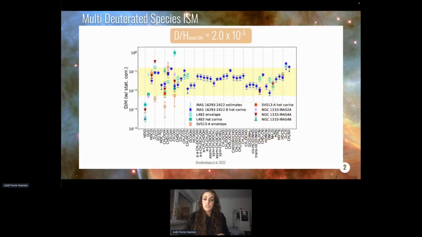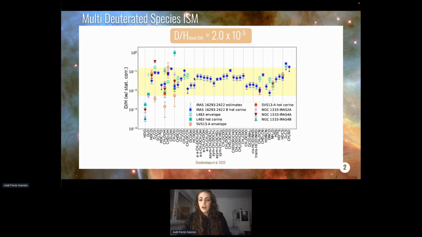So, as we said, here we have the deuterium over hydrogen value, and we're going to keep this in mind to compare it to the observations that we see towards the interstellar medium. So this is a beautiful plot by Drozdovskaya et al. 2022, where we have the deuterium over hydrogen ratio on the y-axis, and on the x-axis, a big number of deuterated molecules observed.